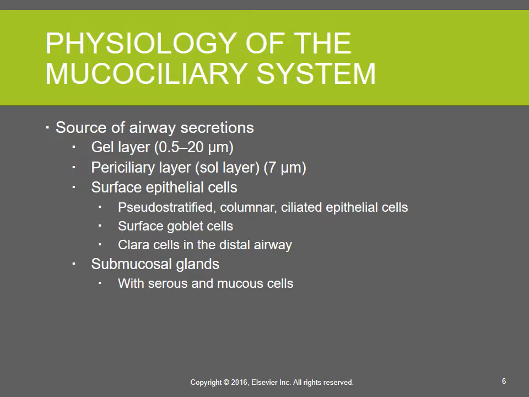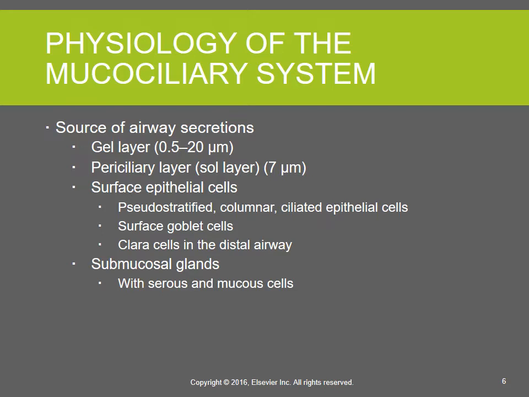A gel layer, which is 0.5 to 20 microns, is propelled towards the larynx by the cilia and lies atop a weak gel layer about the height of a fully extended cilium.